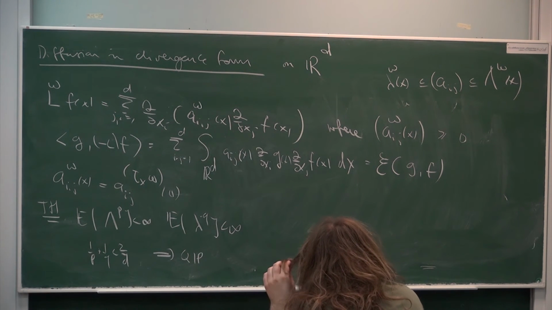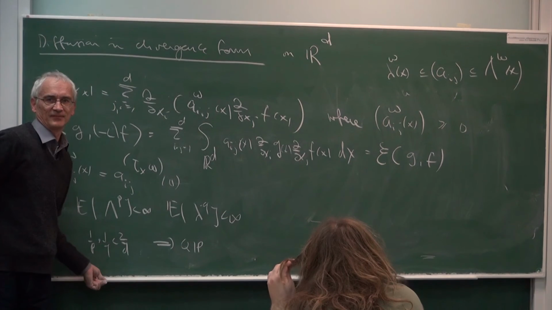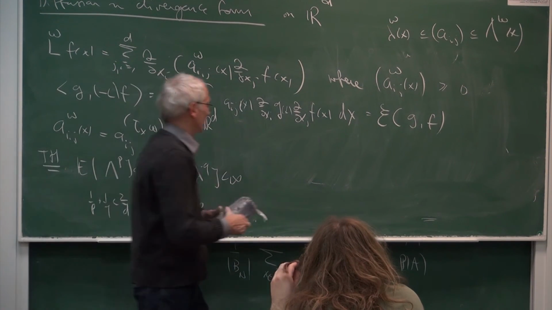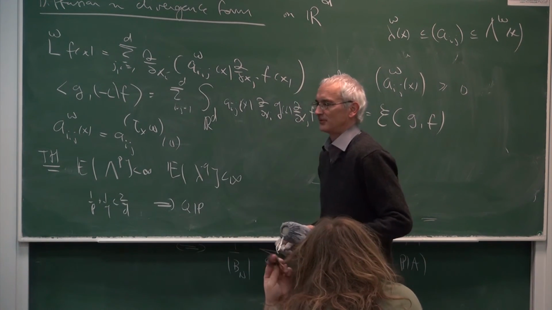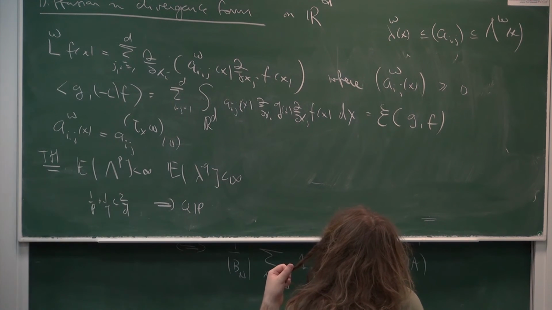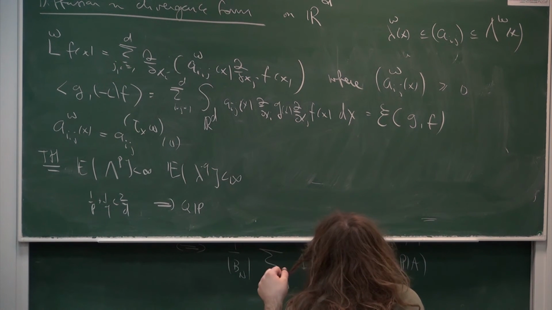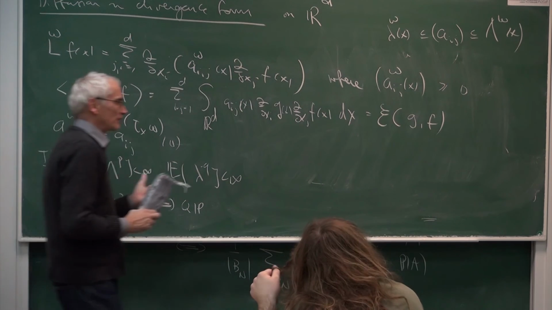The reason why I'm stressing this is that very recently, also a Russian mathematician, Zhikov, who is really one of the experts in homogenization, got exactly the same type of result we have.